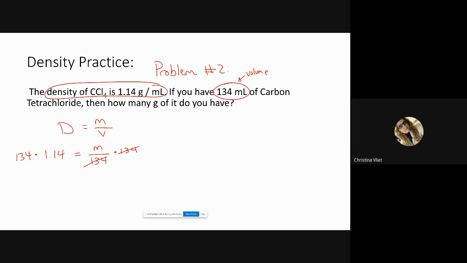We would use our rounding skills. Calculator gives us 152.76, but how would we round this? I get 152.76 from my calculator, but where would I round it to?